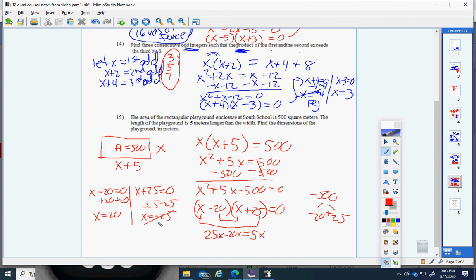Since it's dimensions of a rectangle, this one gets rejected. Find the dimensions. So that's both the length and the width. If this is 20, this is 20 plus 5, which makes it 25. The dimensions are 20 meters by 25 meters.